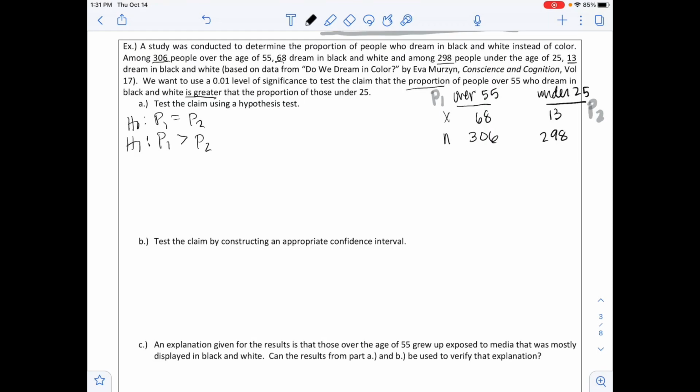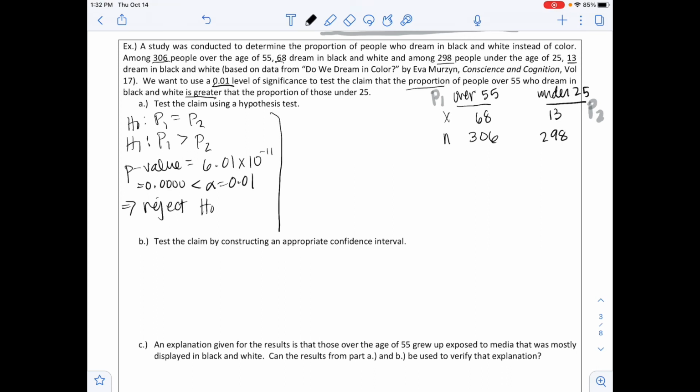So from the calculator, we have a p-value of 6.01 times 10 to the negative 11th, which if you round to 4 decimal places will give you 0.0000, and this is less than alpha, and alpha was given to us up above as 0.01. And since our p-value is less than alpha, this means that we are going to reject H0.